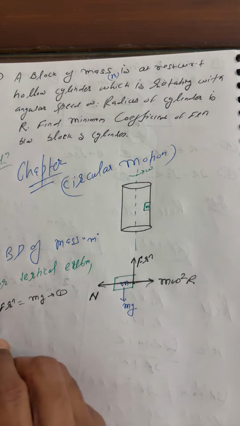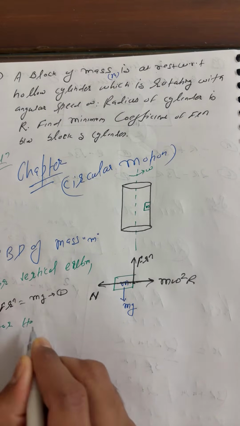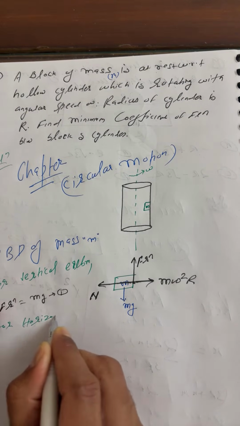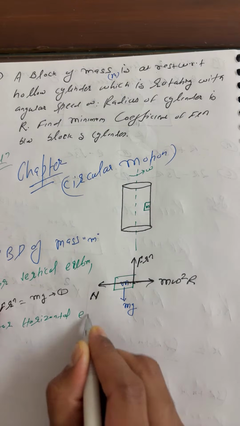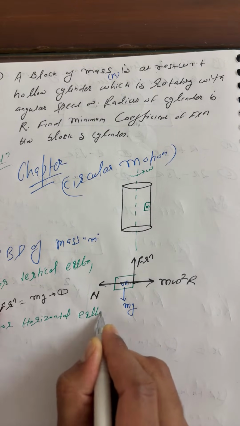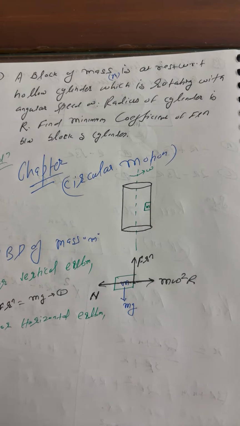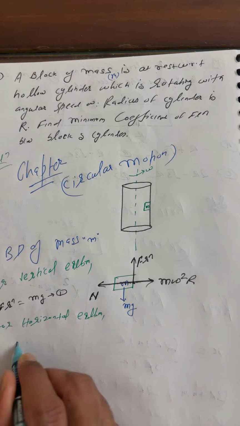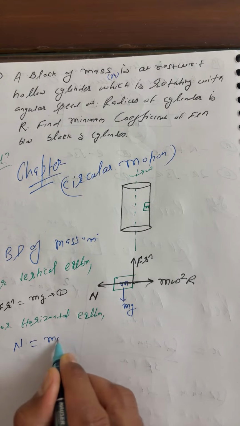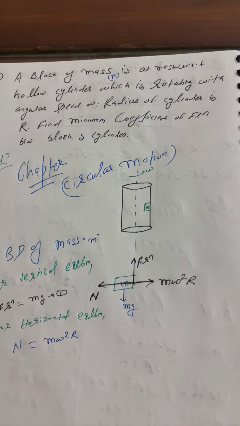For horizontal equilibrium, N is equal to m omega square r.